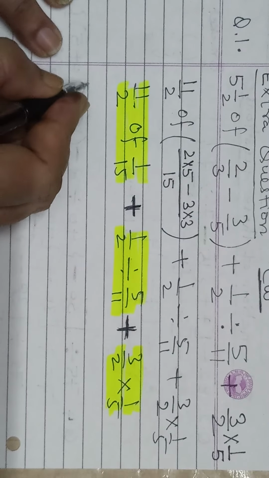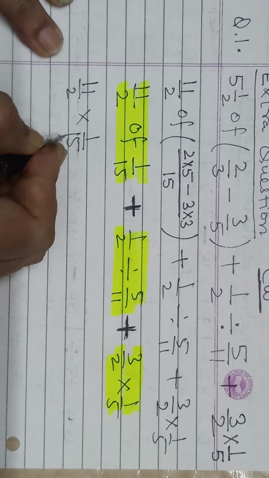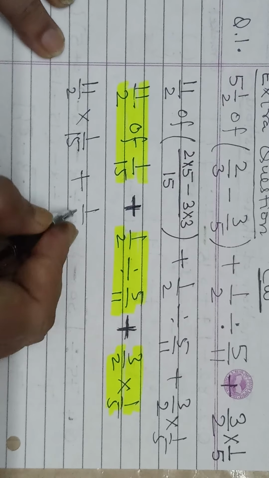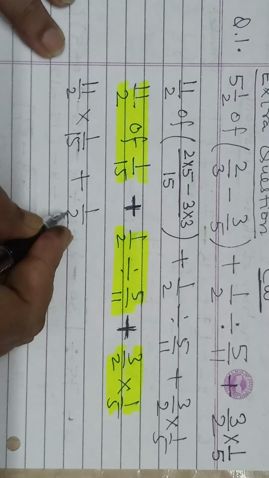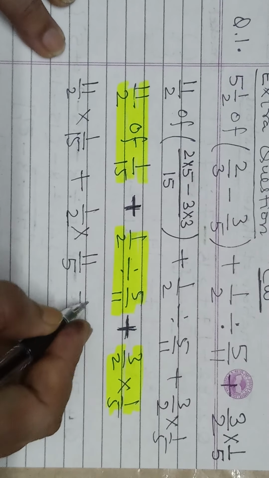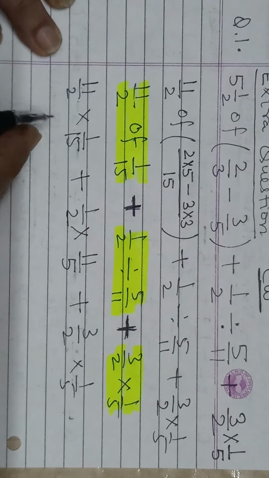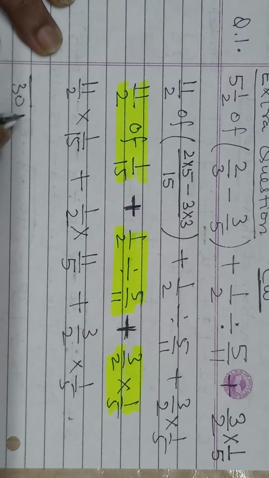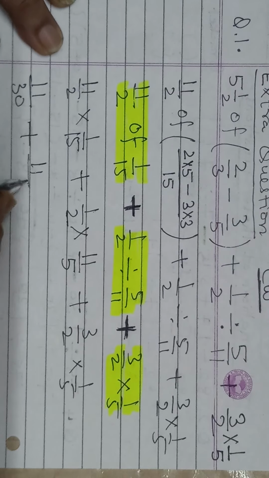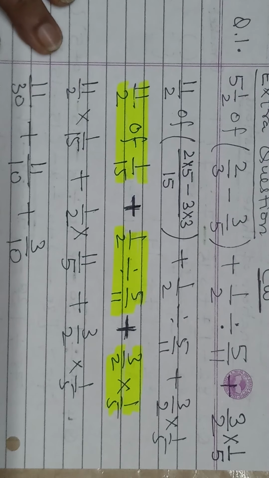Now we all know of means multiplication. So this multiplied by 1 upon 15. This is half, and division can be converted into multiplication by this method, plus 3 by 2 into 1 upon 5. So solve it. We got 30 here, 11 upon 30, plus 11 upon 5 2s are 10, plus 3 upon 5 2s are 10.